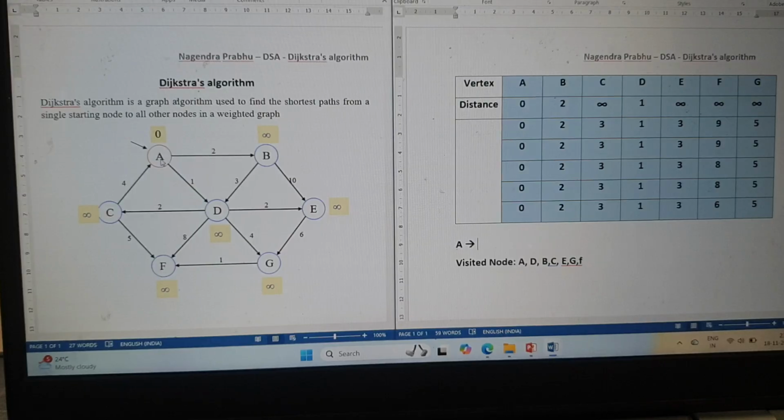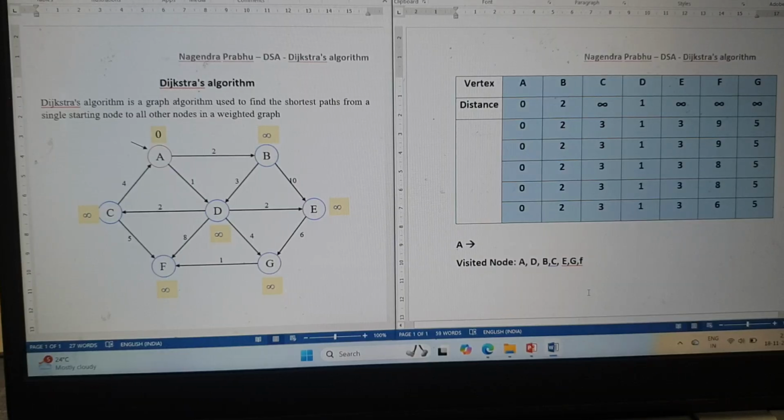A to G, the shortest path is 1 plus 4, that is 5. And similarly A to F, via D, C, F, that is 5 plus 2 plus 1. So we have found all the distances from A to all other nodes.